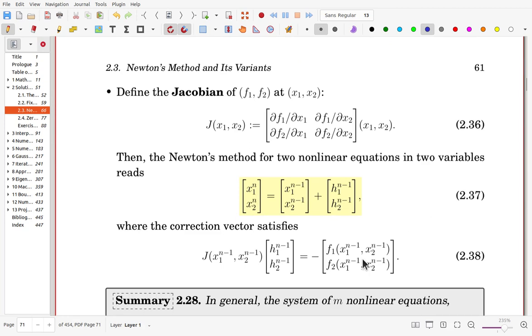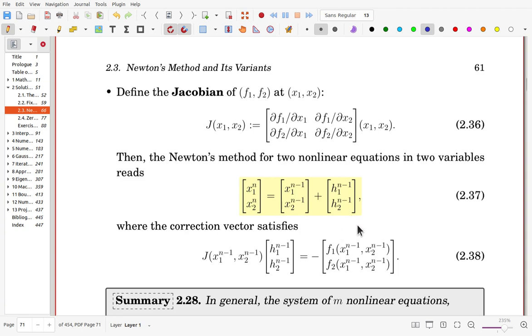So here, Newton method for the system of equations can be formulated in this way. The new updated vector, the solution approximation, comes from the old one. Now the correction vector is added.